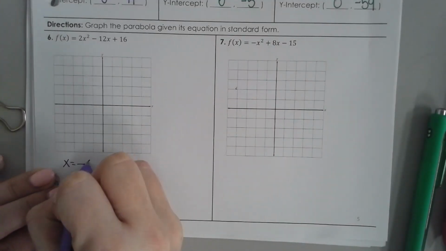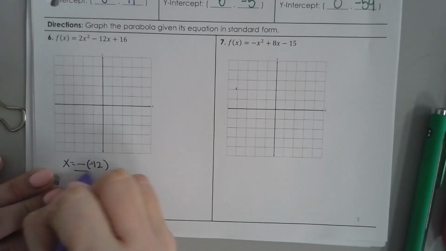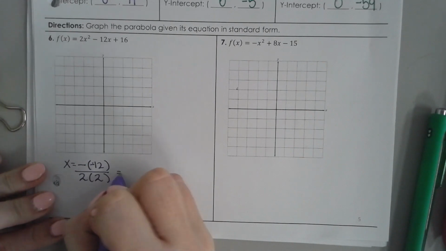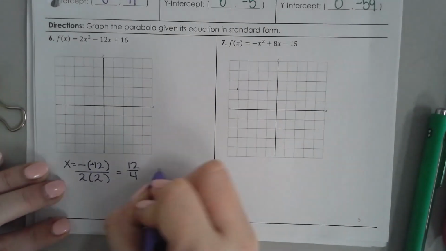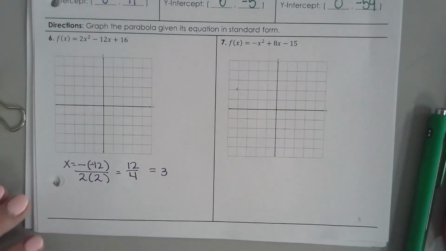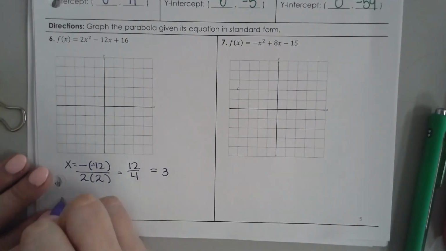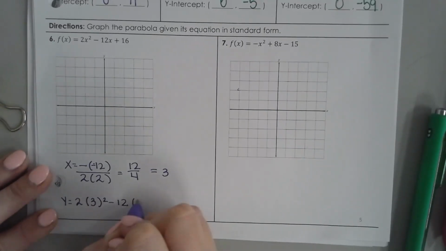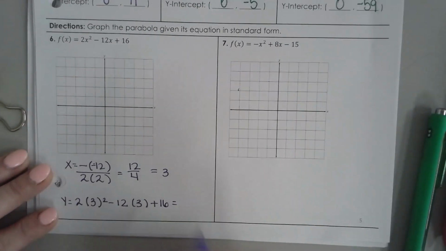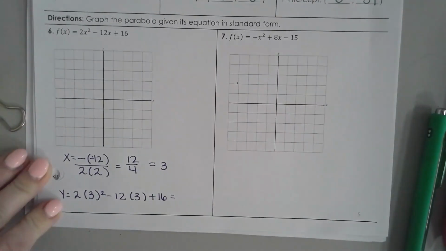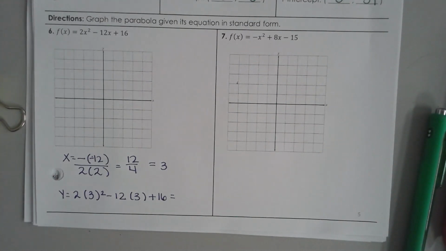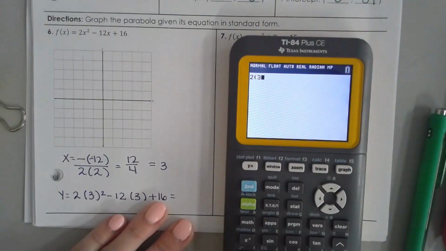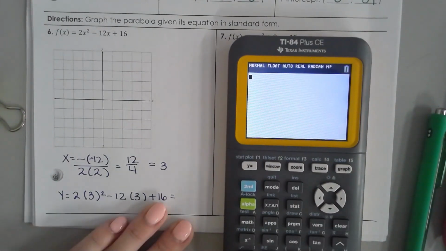So -12 over 2 times 2, which is 12 over 4, which is 3. And then to find the y value, I plug that 3 back in.